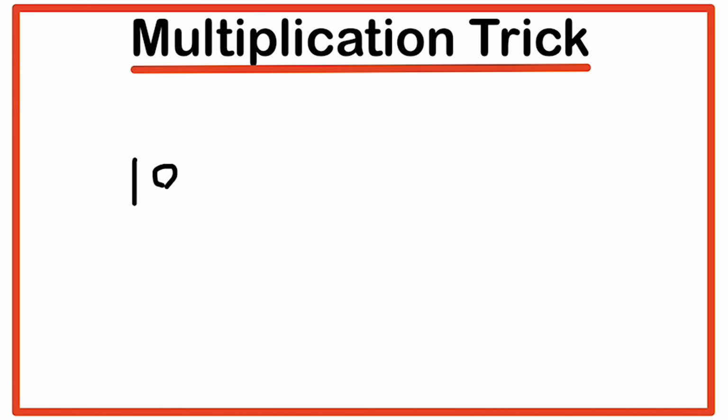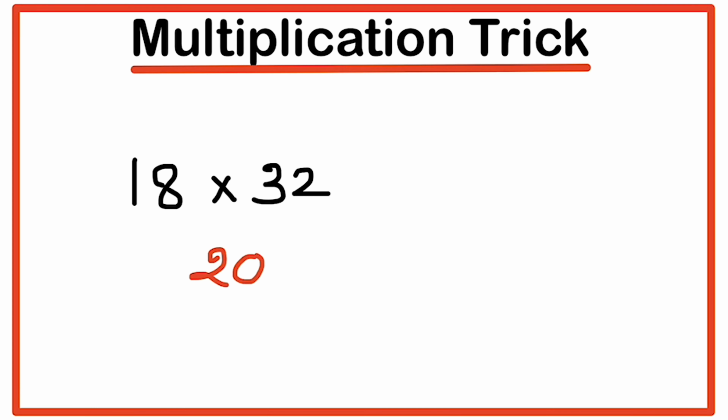Suppose we are given two numbers as 18 and 32. How can we multiply these two numbers using our trick? So here also you can assume the base as 20 or 30. Based on your choice, you can assume any base. So suppose we are assuming the base as 20.